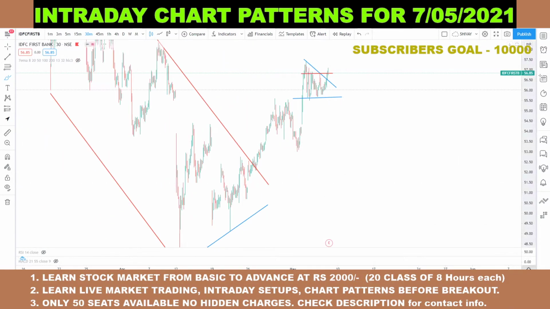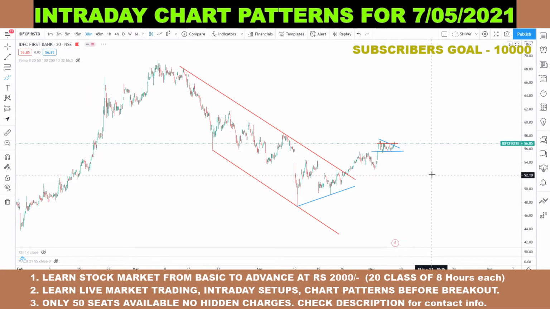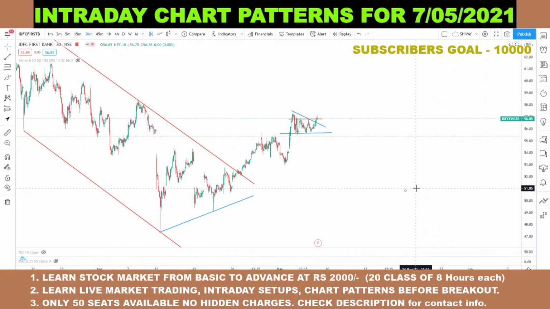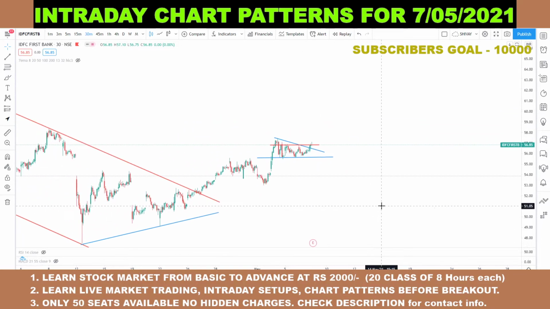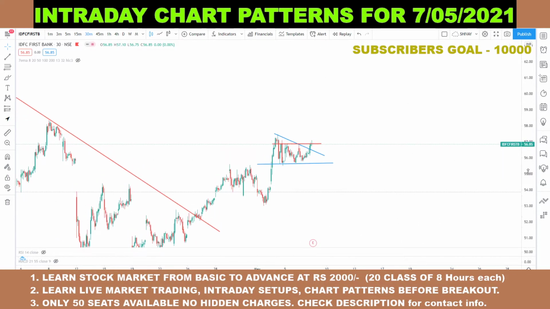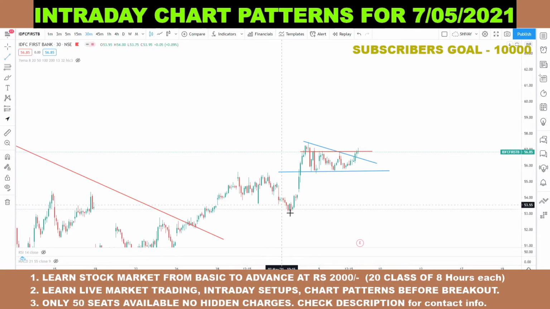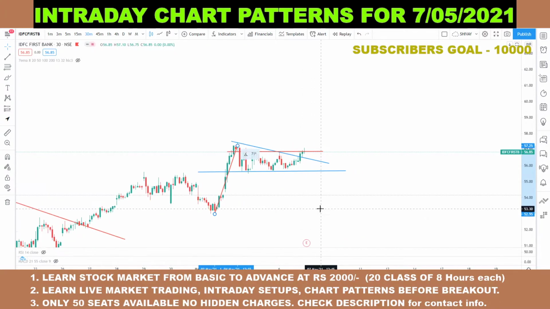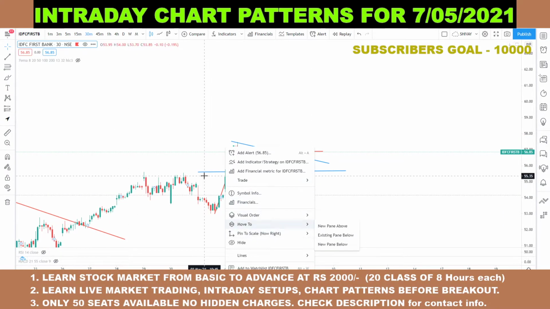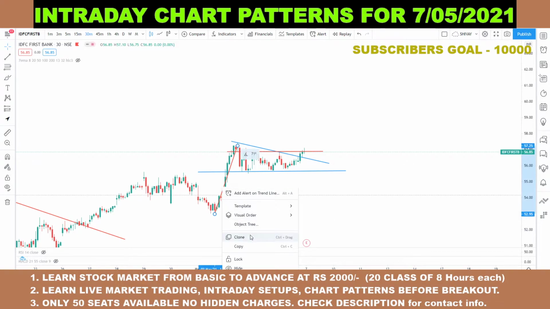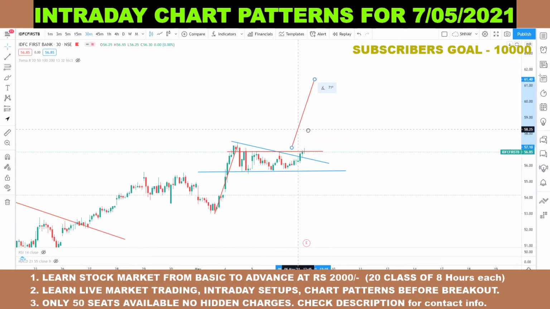Let's analyze this stock, IDFC First Bank. If you watch this stock closely, you will find out that this stock is actually making this sort of a pattern, okay, in which it is making a flag kind of a pattern in 30-minute time frame, and it has given some sort of a breakout above that resistance line also.